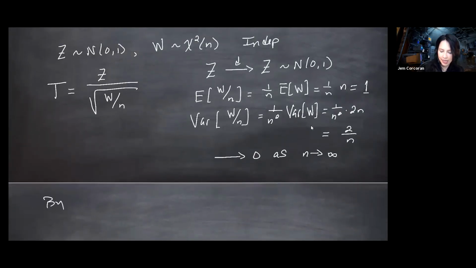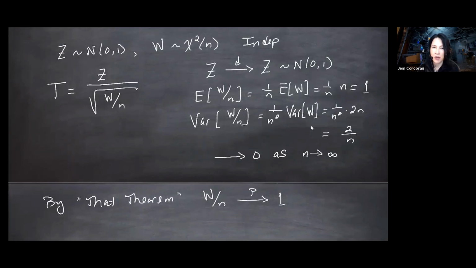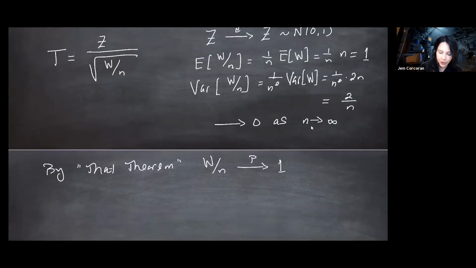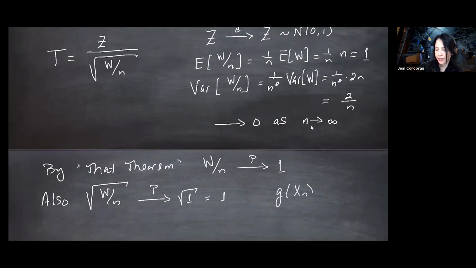So by that theorem, W over n is converging in probability to the number 1 because it's an unbiased estimator for 1 and its variance is going to 0. The square root then must converge to the square root of 1. This is just taking our convergence through a continuous function. This is never going to hit 0, so we don't have to worry about that point.